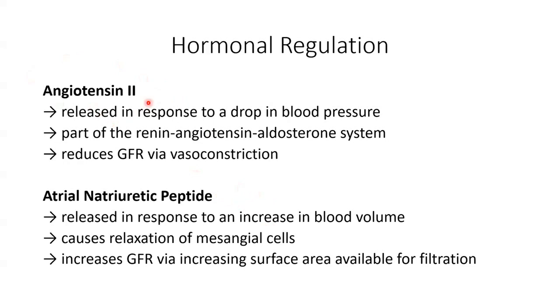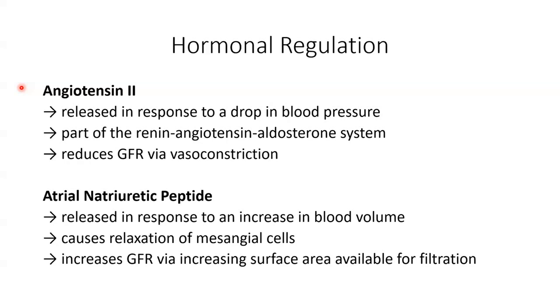So starting with angiotensin II, when blood volume and blood pressure decrease, the walls of the afferent arterioles are stretched less. The juxtaglomerular cells, which sit within, remember, the walls of the afferent arteriole, secrete an enzyme called renin. This goes into the blood and it results in the renin-angiotensin-aldosterone system being activated.